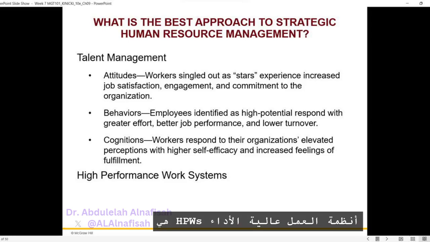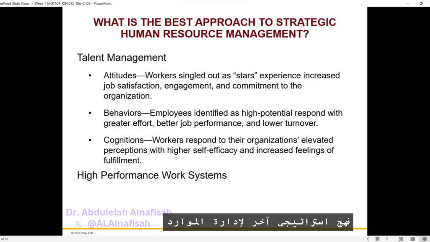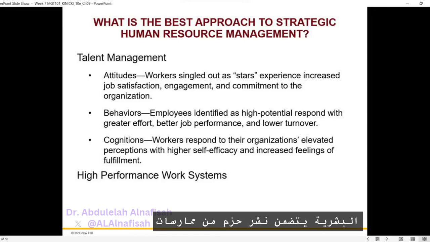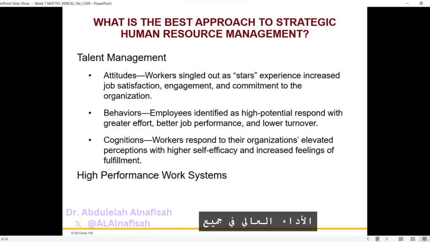High-performance work systems (HPWS) is another strategic HRM approach that involves deploying bundles of internally consistent HR practices to enhance employee ability, motivation, and opportunities across the entire organization. HPWS aims to create a comprehensive and integrated HR system that supports high performance throughout the organization.